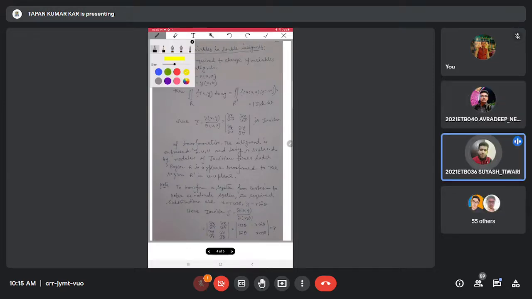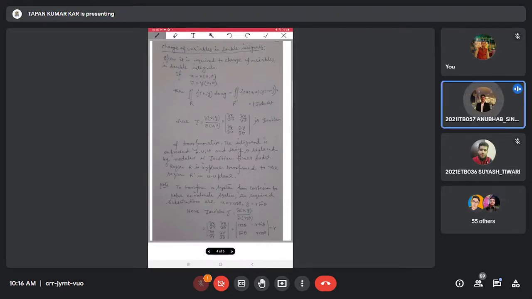Sir, multiple integral will not be a part of the syllabus, right? No. I have decided on the function of several variables except multiple integral, maxima minima, and Lagrange's multiplier, because some of you have doubts on Lagrange's multiplier. Still, if you would like to change, you can. Sir, we are fine with that.